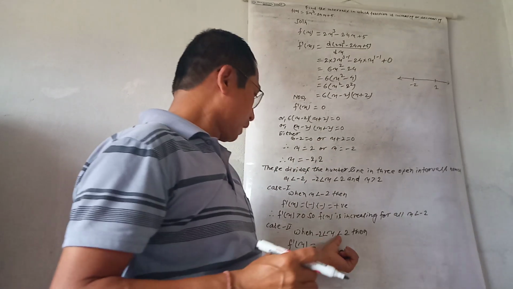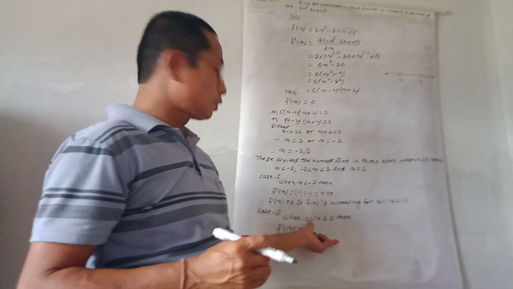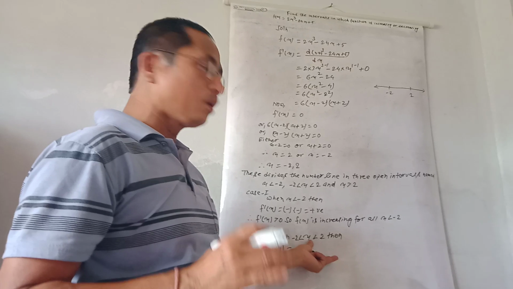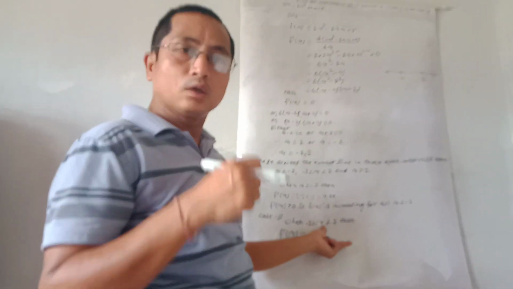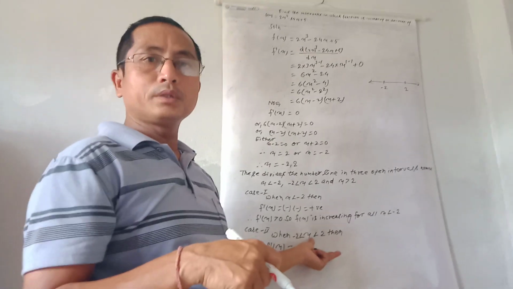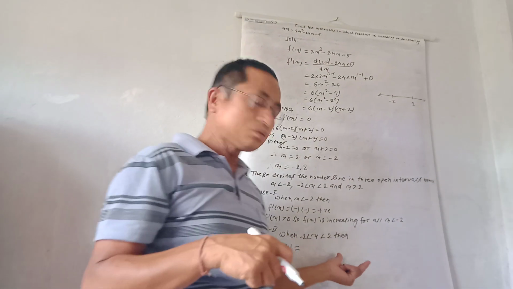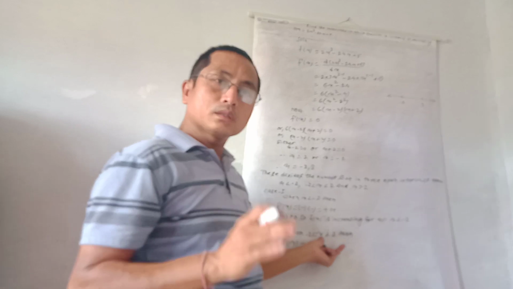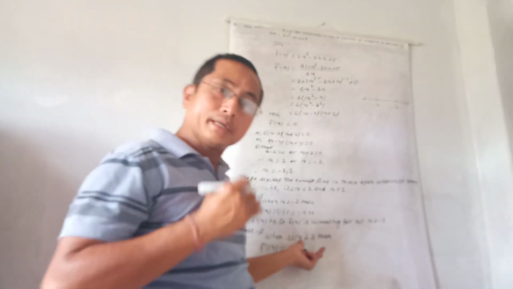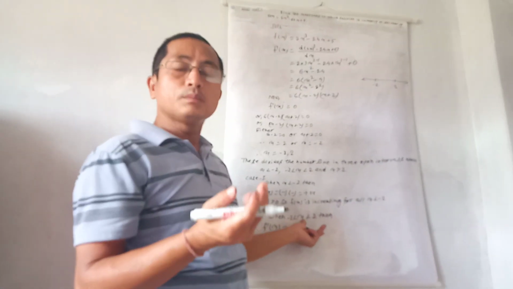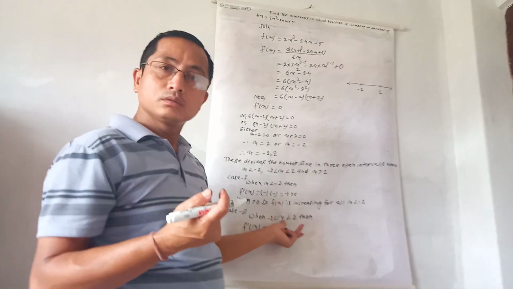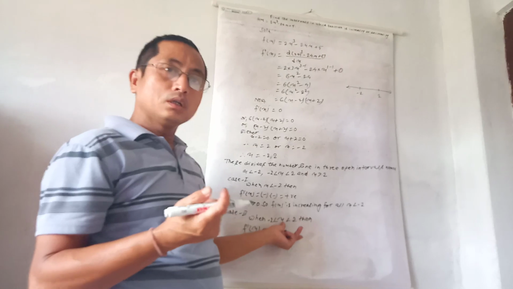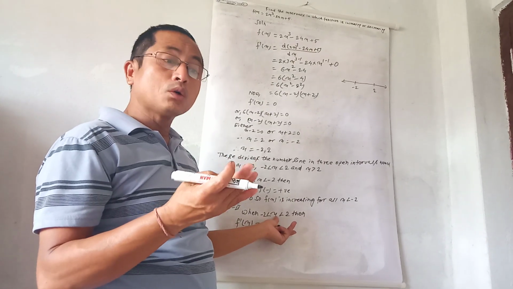Look at here. x is greater than -2 and smaller than 2. It means -2 and 2 do not belong in the value of x. Values of x greater than -2 can be -1, 0, 1.